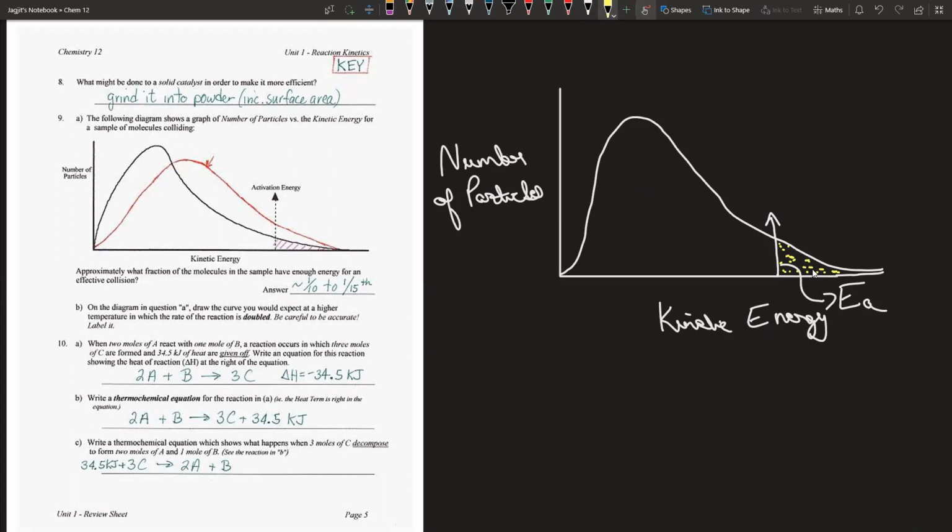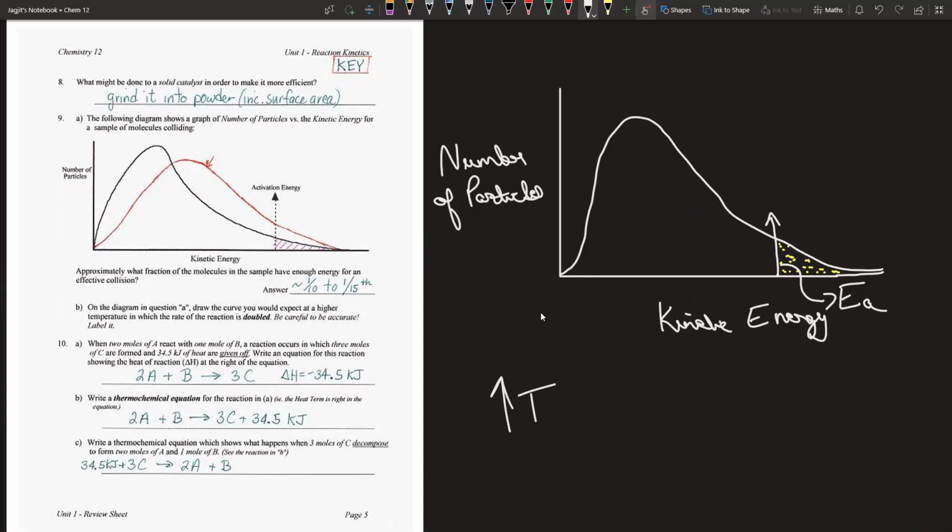The question says, on this diagram, how will this graph change if you increase the temperature?